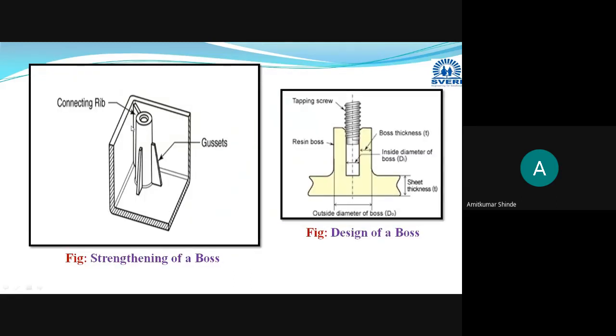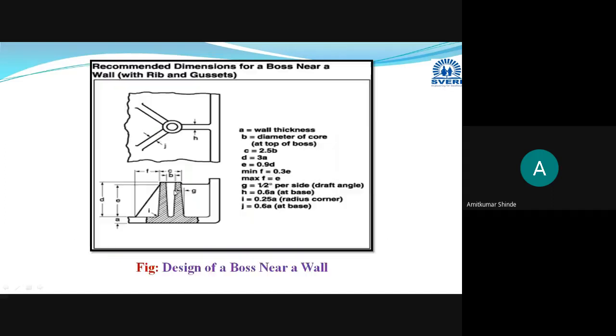Here you can see this diagram. On this side a rib, and on these two sides gussets are provided, since it is near the wall. Near the wall, one rib and two gussets are provided.